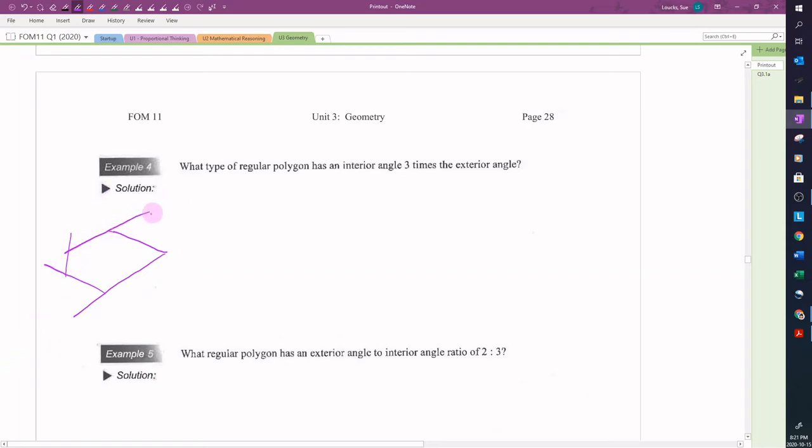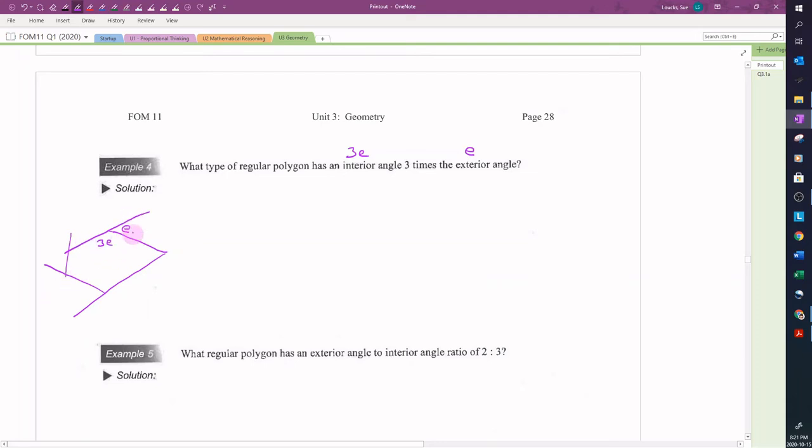If the interior angle is 3 times the exterior angle, I'm going to assign a variable to the smaller of those two, which is the exterior angle. So I'm going to call this E for exterior angle, and I'm going to label that here. And the interior angle is 3 times that, so it's 3E.